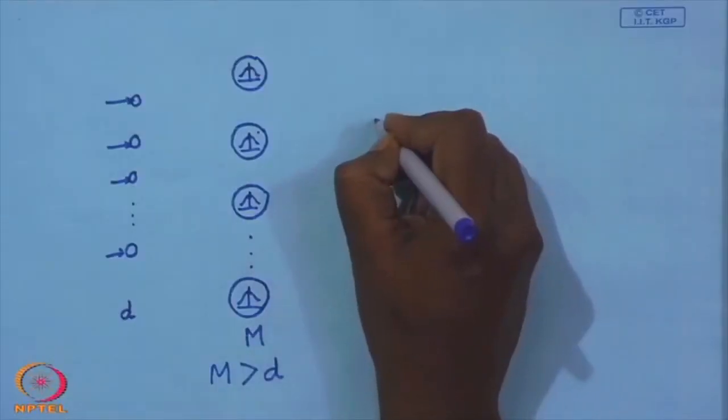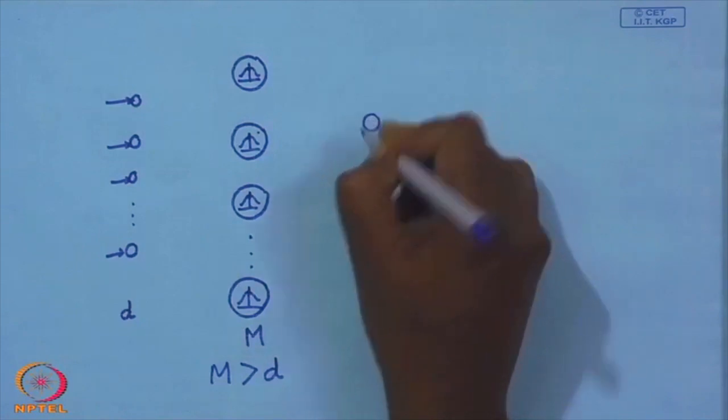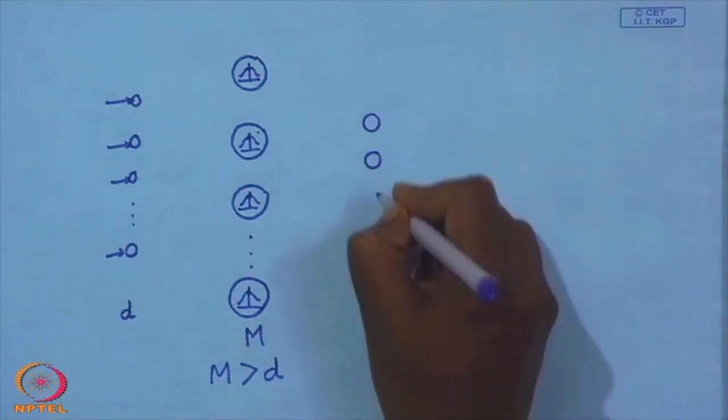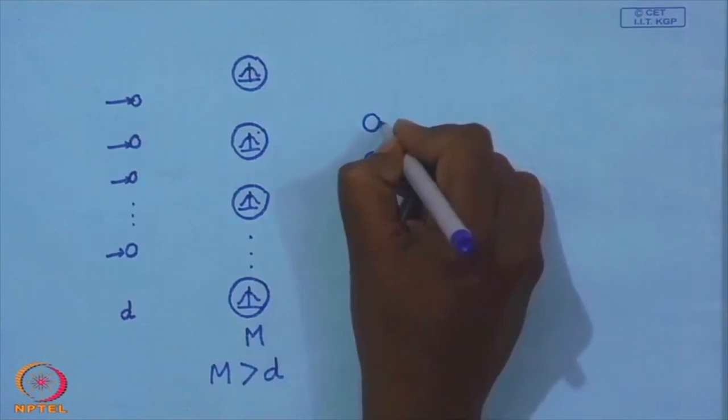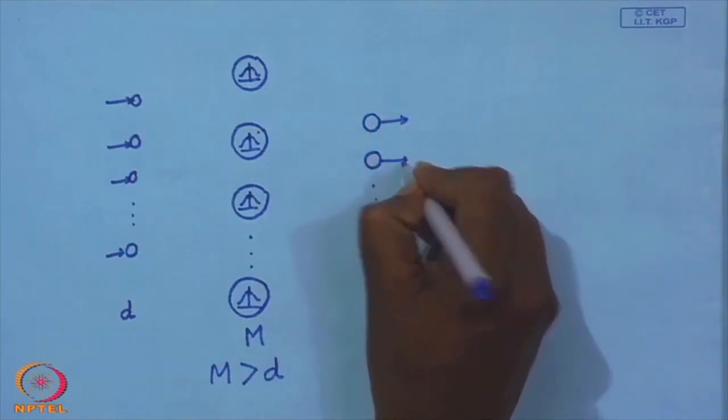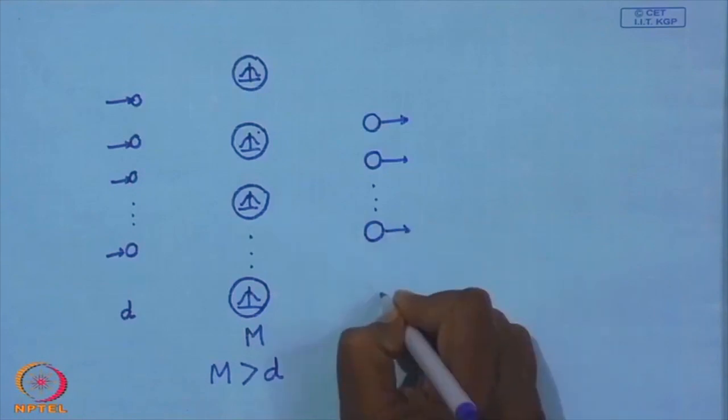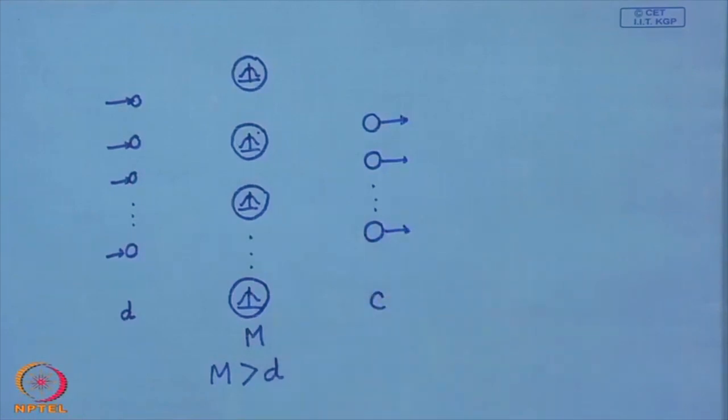I have the number of nodes the same as the number of classes that we have. So, if I have c classes, then at the output layer I will have c neurons, where c is the number of classes in which the patterns are to be classified.